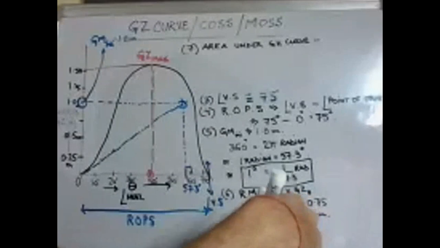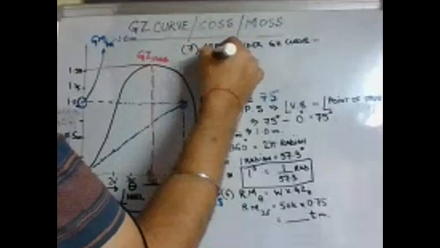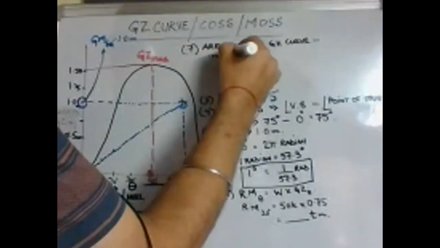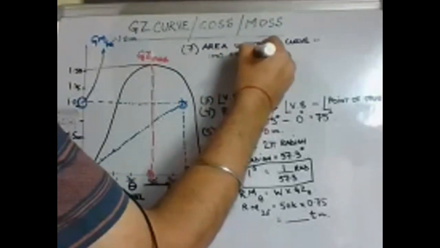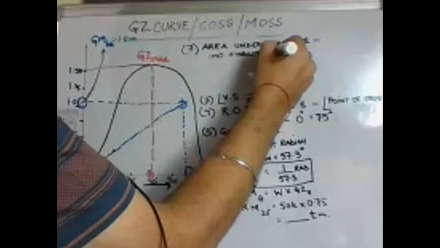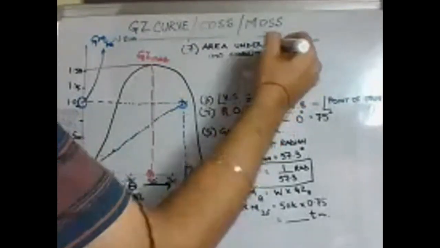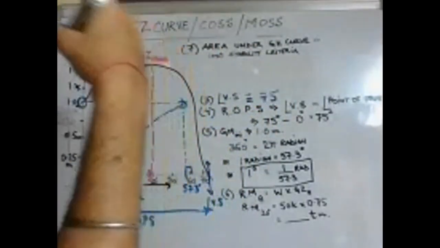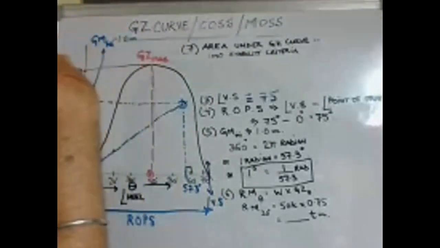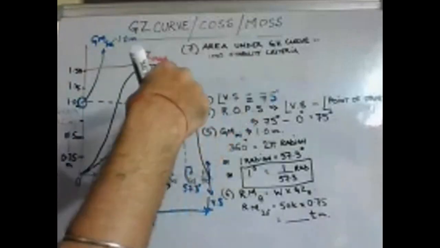So the vessel needs to meet the IMO's stability criteria for various areas which are given under the GZ curve. I'll do this in more detail later. Right now, I'm just writing down one point.